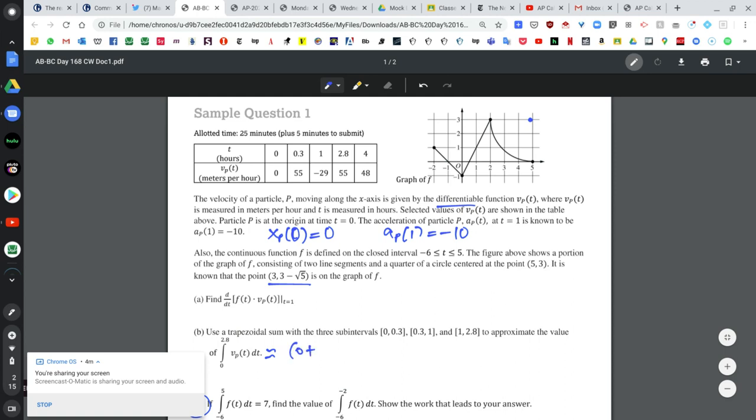So 0 plus 55 over 2 times distance between the parallel sides, 0.3, plus 55 minus 29 over 2 times 0.7, plus negative 29 plus 55. Observe the domain. We stop at 2.8 over 2 times 1.8.